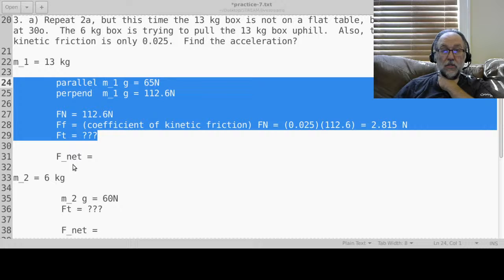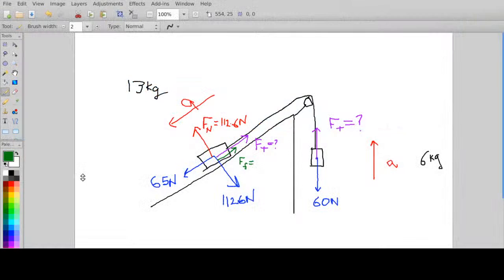So it's probably a good idea to look back at the diagram, and let's look at the 13 kilogram first. What forces are going to cancel? Well, the normal force is going to cancel gravity perpendicular. This force here is not going to cancel the other two, but it's competing with them.